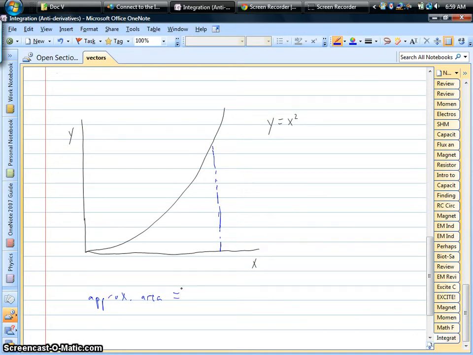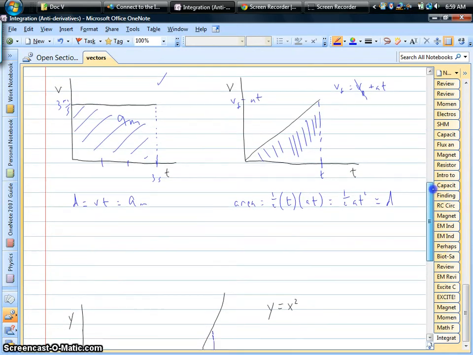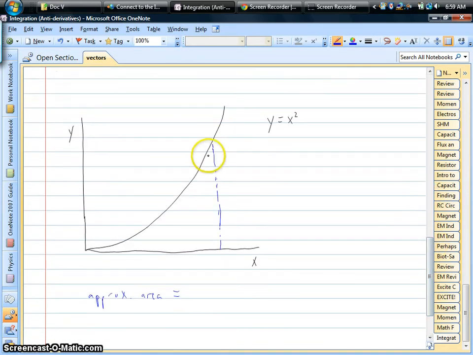There's a few ways you might dream up, but kind of the standard way, I guess you could say, is to make use of the fact that we know how to find areas of something like rectangles. You could take a rectangle and put it there, and then you could take another rectangle, put it there, another rectangle, put it there, and so on. Just keep filling this up with a bunch of rectangles.